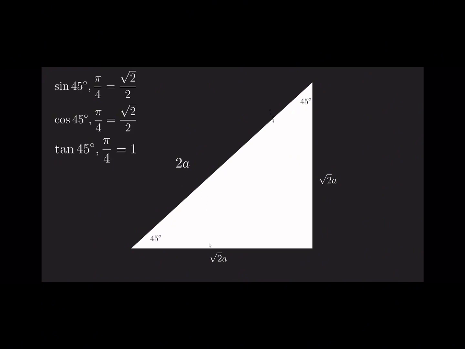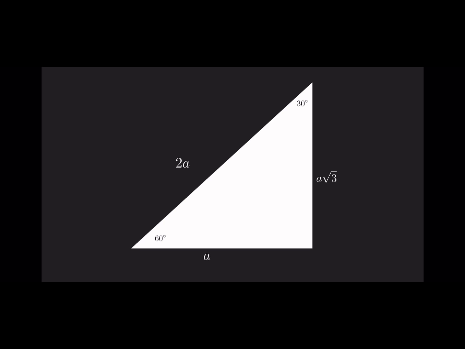Based on this, we can obtain these definitions because the sine would be this y, so it's root 2 times 1/2, root 2 over 2. And same for cosine, and then obviously tangent is sine over cosine, so they just cancel out because they're the same thing. Then we have our 30, 60, 90.